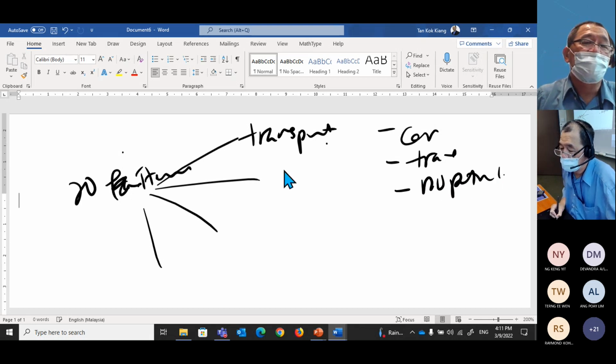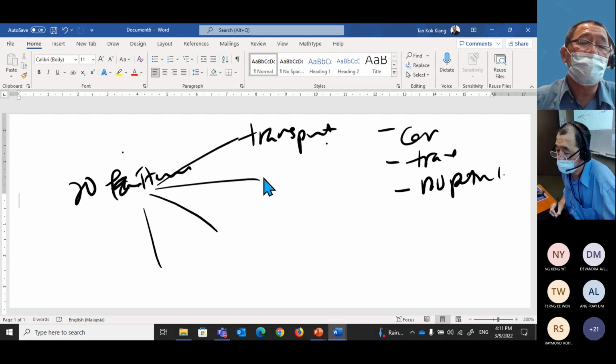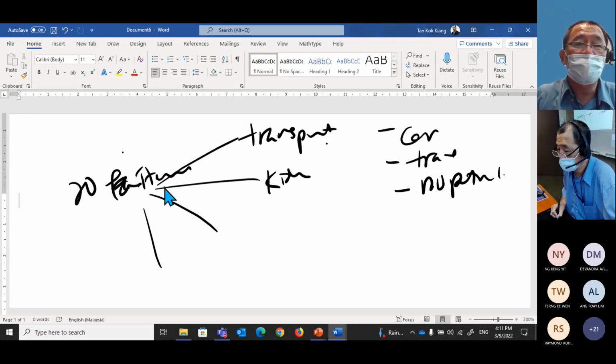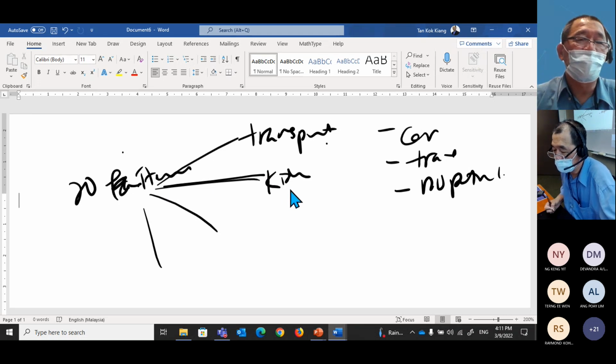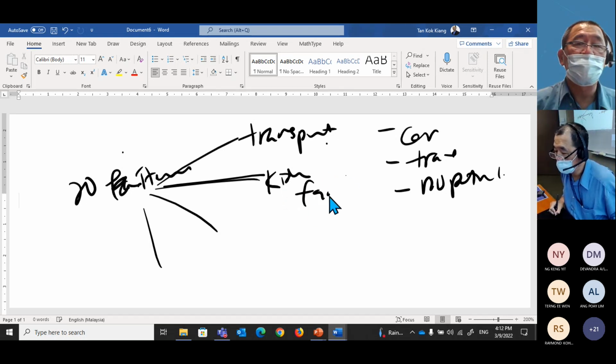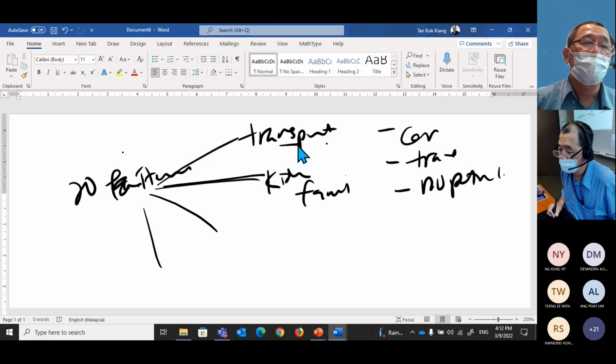Maybe they say they have to send the children to kindergarten, or send the kids to the clinic, and so on and so forth. So this is more family related, and the other is transport.